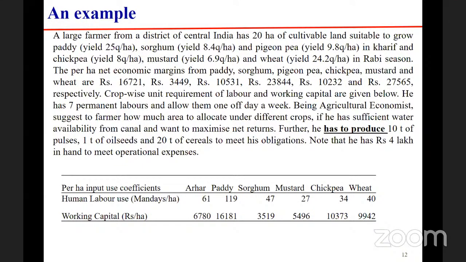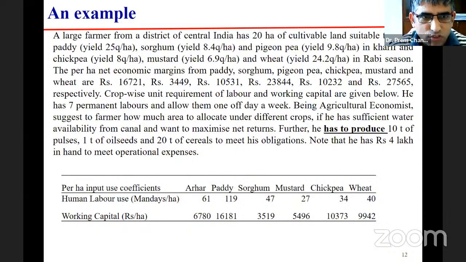Crop-wise unit requirements of labor and working capital are given below in this table. He has 7 permanent laborers and allows them 1 off day a week. They can go only for 1 day in a week.